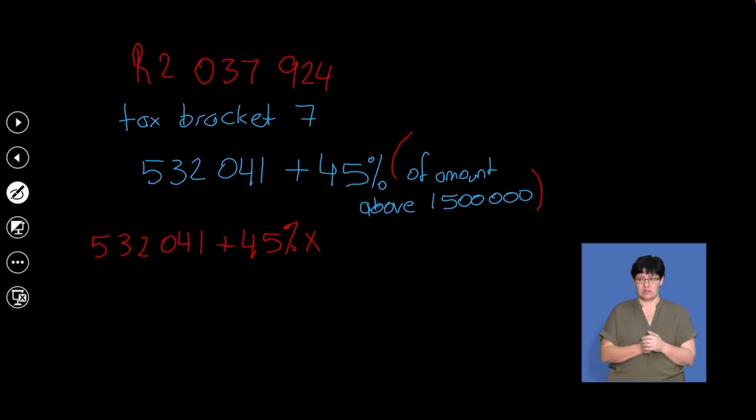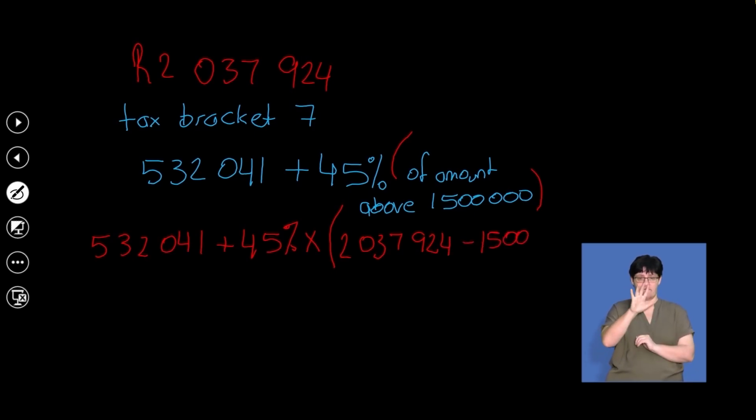I'm going to times it by, and then I'm opening my bracket. 45% of means times. The amount above, so I'm taking his salary that he's earning, and I'm minusing the 1.5 million. Right, and now I can type that exactly onto my calculator, and I will get the answer.